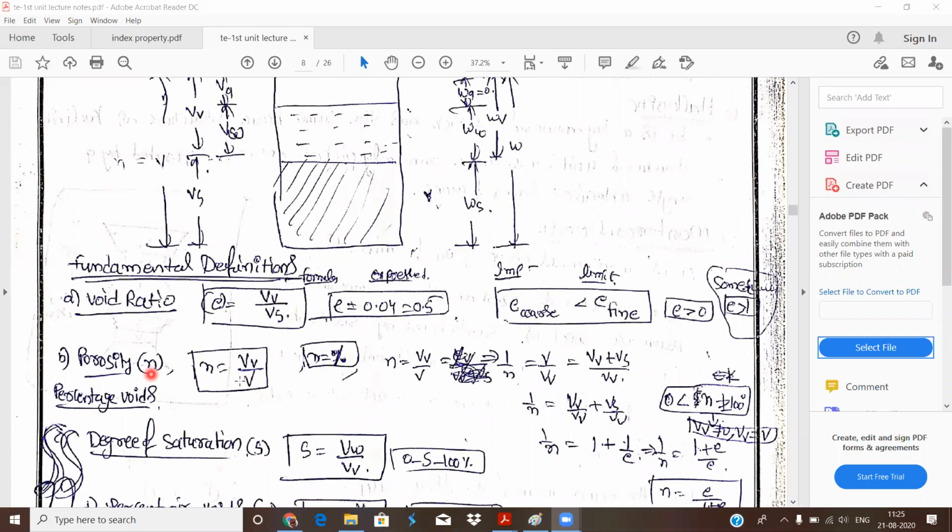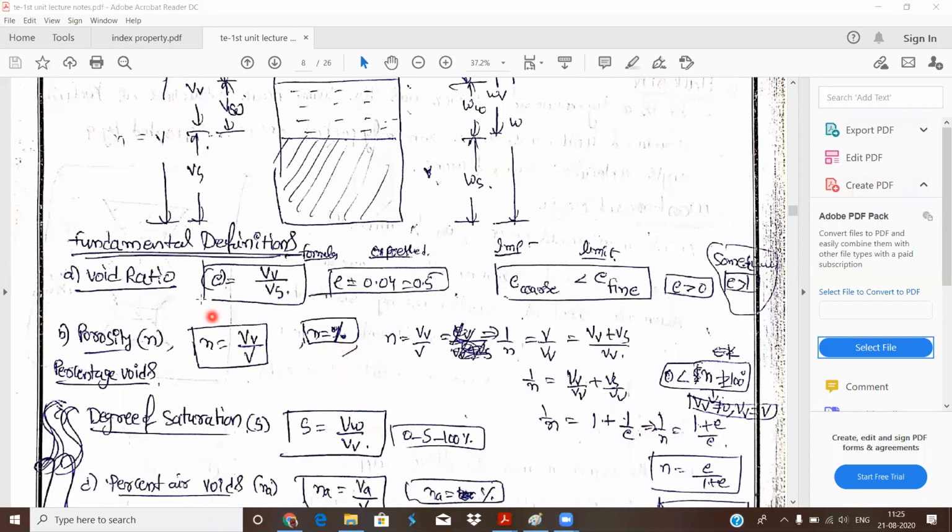But in porosity, the volume of voids changes and also the total volume of soil changes. These two parameters continuously change, so porosity is somewhat difficult to use to identify the classification of the soil. So void ratio is more important compared to porosity. Porosity is generally expressed in percentage.